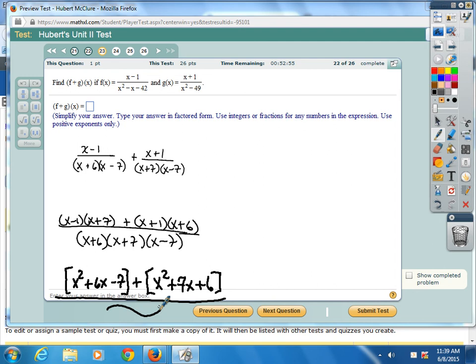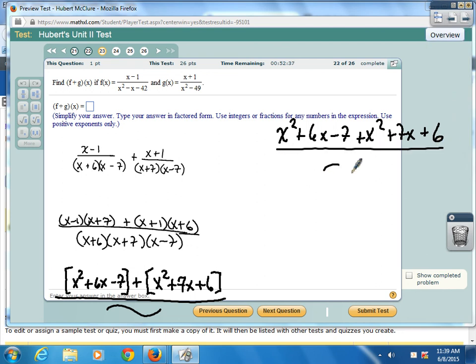Yeah, you're not supposed to cancel out till the very end. X squared plus 6x minus 7 plus x squared plus 7x plus 6 over common denominator. X squared plus x squared is 2x squared, 6x plus 7x is 13x, negative 7 plus 6.